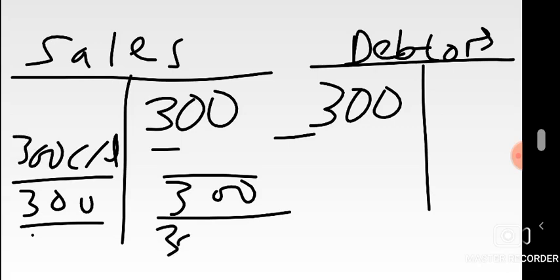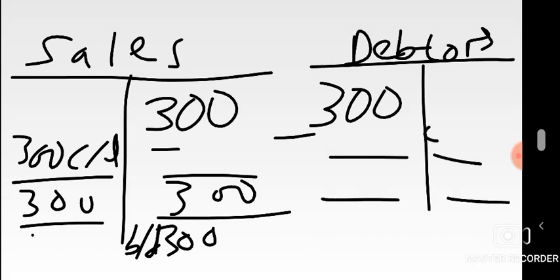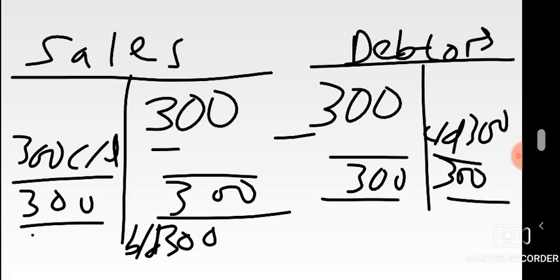Then the brought down will come to the original side. Carried down goes opposite of where the entry was, then brought down comes back to the original side. Debtors, same scenario. Carried down will go to the credit side, because we're just balancing off an account here. And then 300 as your brought down, and that's what we'll do for the rest of the accounts.